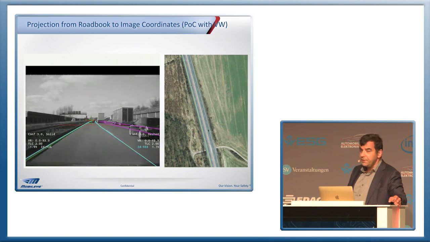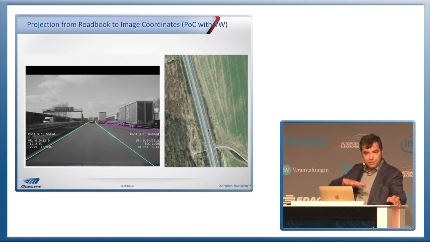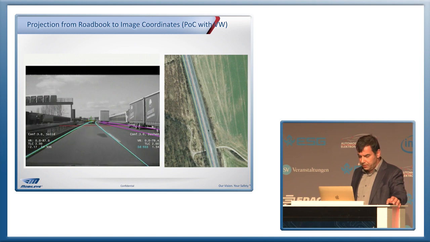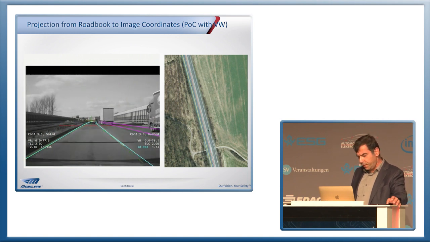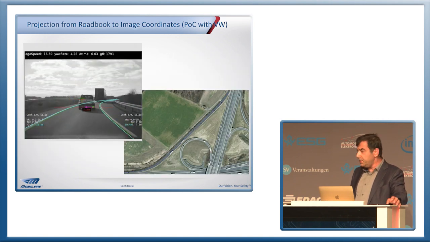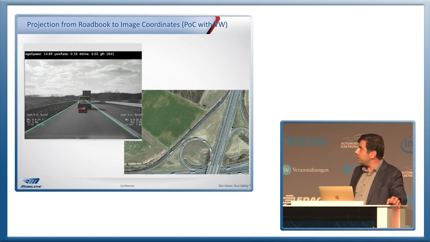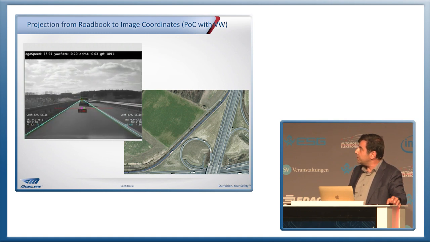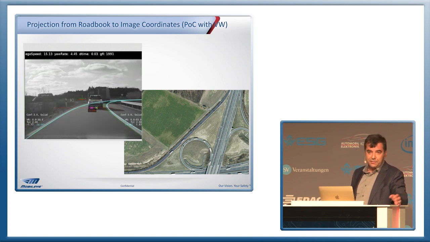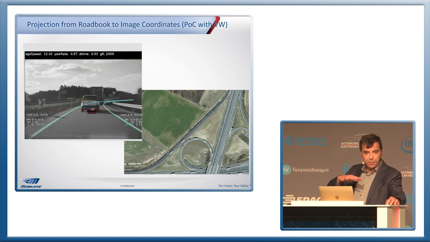Again, this is the projection from the map onto the image space, and you can see how accurate it is. And here again, you can see the foresight, that you saw the lanes here. See how foresight. This is foresight. This is not sensing. You can clearly see this is a projection from a map, and not sensing. Again, these are complicated areas as part of the testing that we're doing.